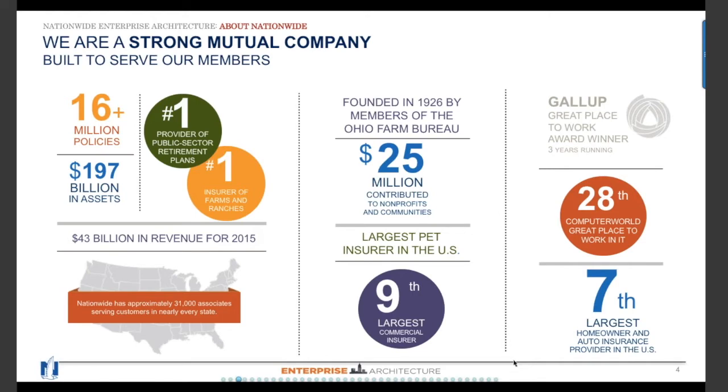We do financial services, and we do banking. We are the number one small business insurer in the U.S. We are the largest pet insurer in the U.S. We're the number one provider of insurance to farms and ranches. And on the financial services side, we're also the number one provider of public sector retirement plans.